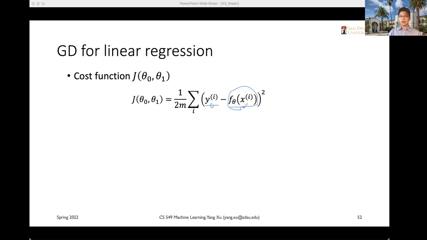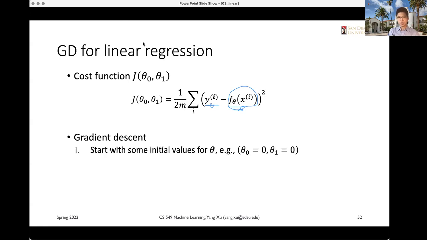So this f theta of xi is the linear function that we have. So when we apply gradient descent, we will simply need to compute the gradients, the partial derivatives of this cost function with respect to each parameter.